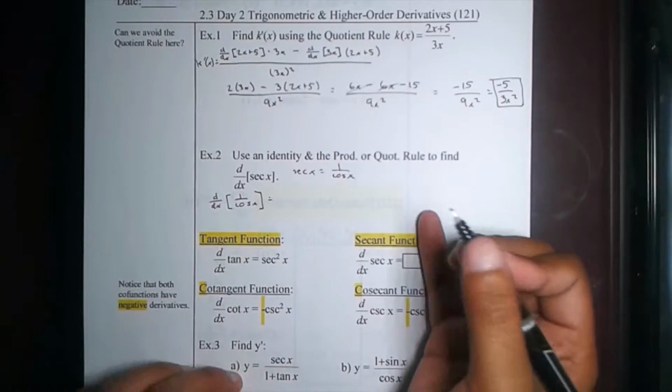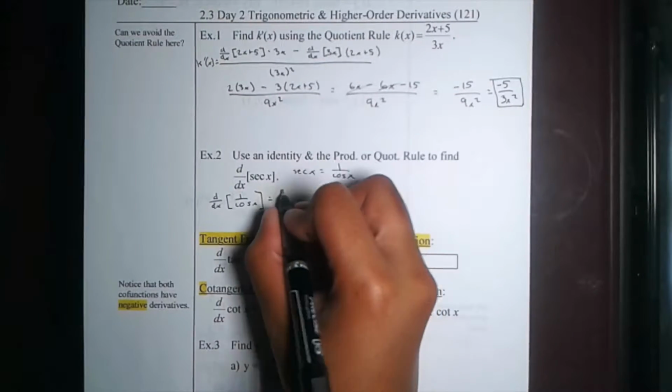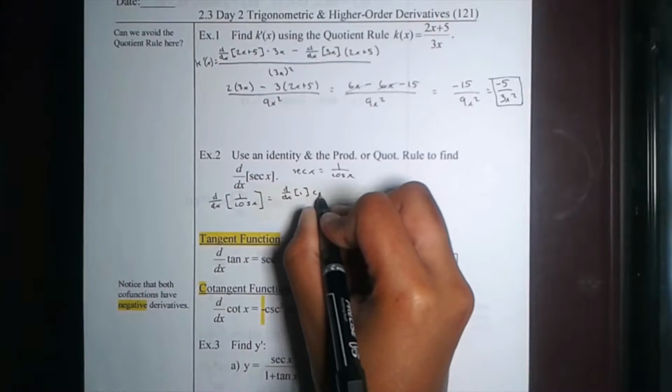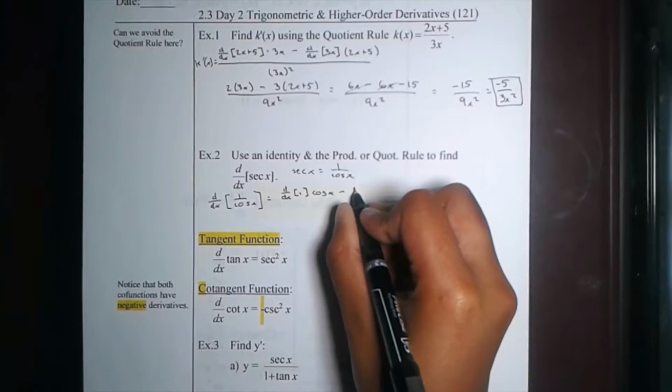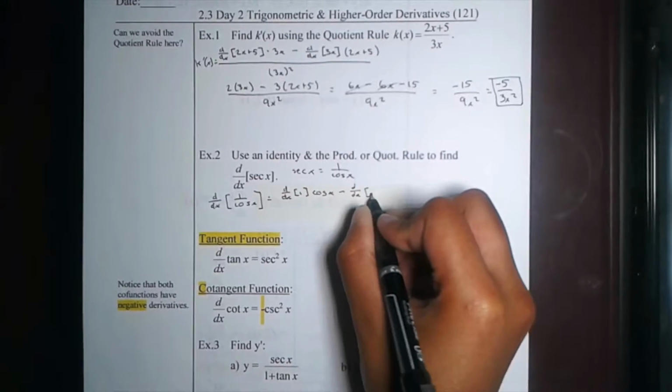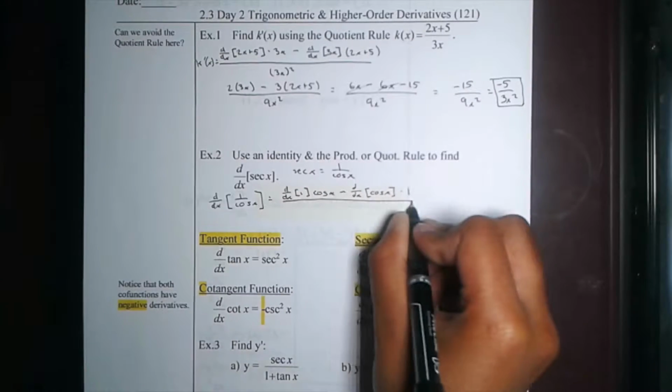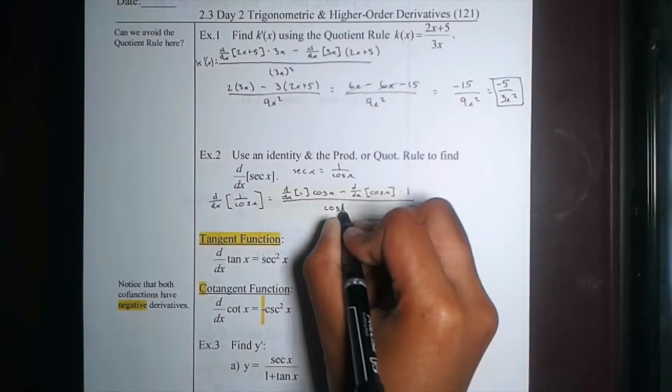So if you do the quotient rule, it's the derivative of the first times the second minus the derivative of the second times the first all over the second squared.